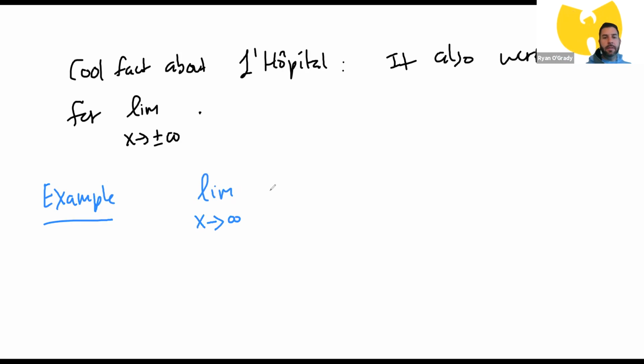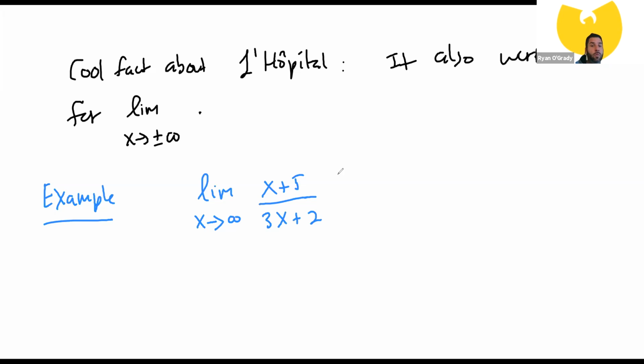Let's take the limit as x goes to infinity of x plus 5 over 3x plus 2. Now, we studied these types of limits before, and you should know at this point that this limit is 1/3.